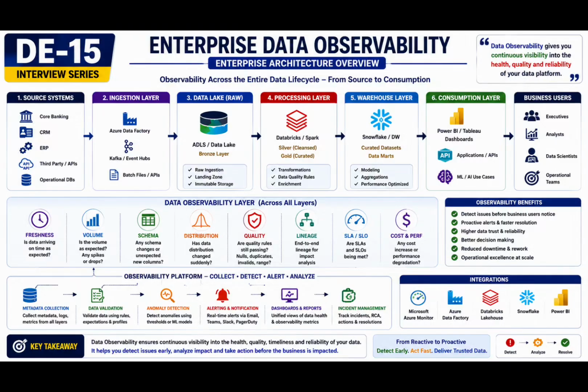At the warehouse layer, we can monitor load status, row counts, query performance, and data freshness. And at the consumption layer, we can monitor dataset refresh, report availability, and data product health. All these signals form our data observability layer. The purpose is to provide continuous visibility into the health of our data platform.